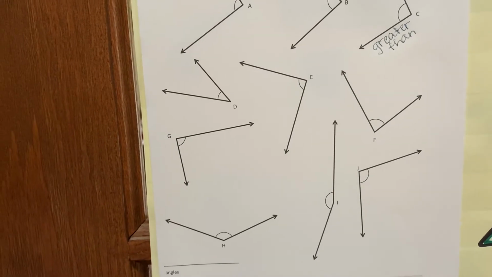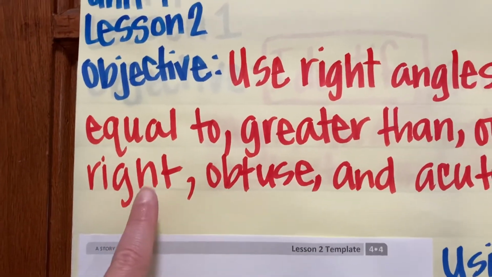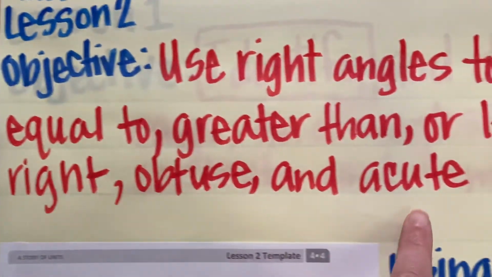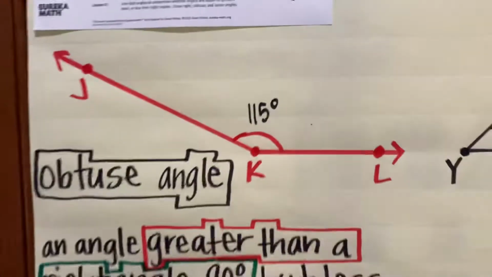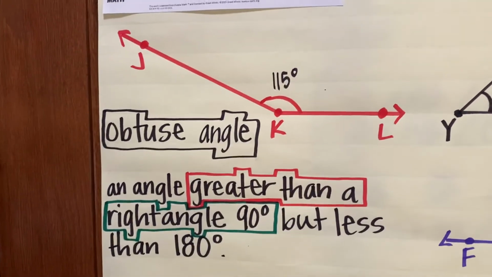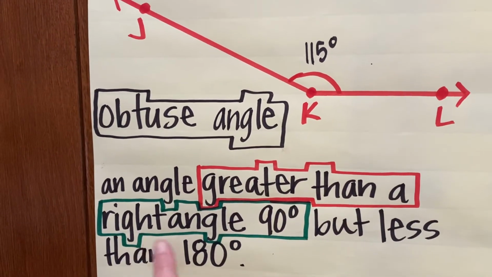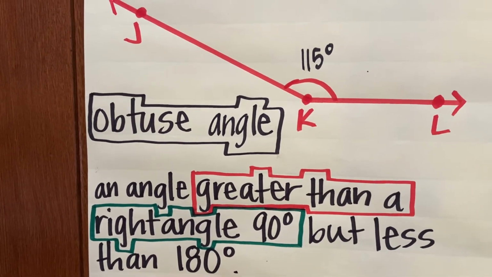All right. You also saw in our objective these terms. Right angle is what we just went over, but you see the words obtuse and acute. Obtuse angles are greater than 90 degrees. Here's our definition: an angle greater than a right angle, which is 90 degrees, but less than 180 degrees.